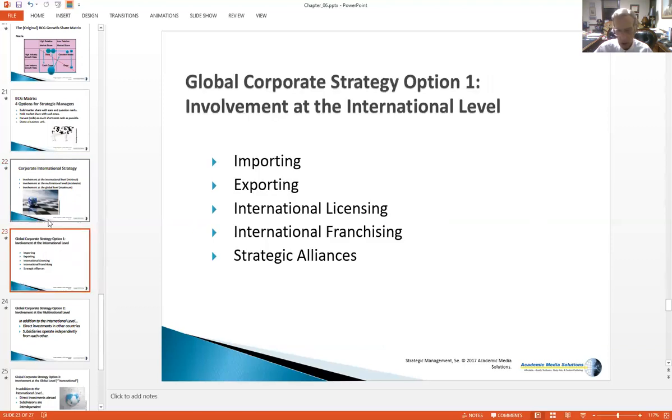So involvement at that first minimal level, a company is involved in importing goods from, and perhaps services from, companies in other nations, exporting its products to them so that it can make full use of its existing capacity. It can do licensing. It can authorize companies in other countries to use its processes.